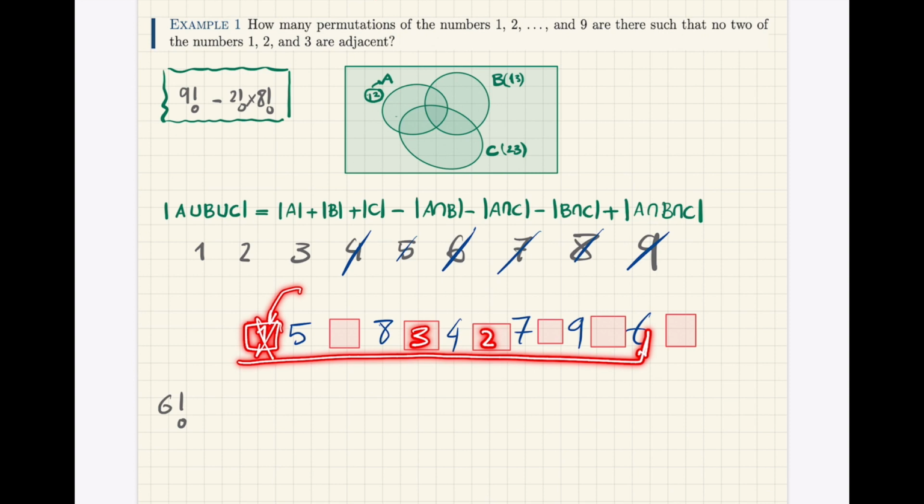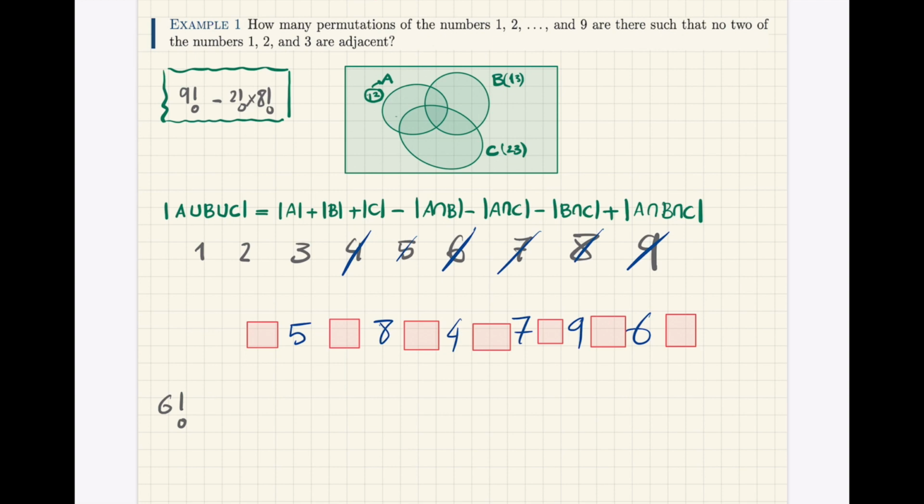So can you tell me now the number of ways that I can distribute 1, 2, and 3 in these boxes? This should be very quick. What is that? 7 ways. So 1, 2, 3, 4, 5, 6, 7 places.